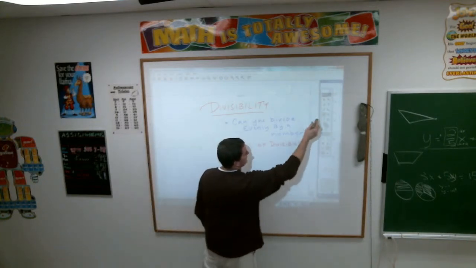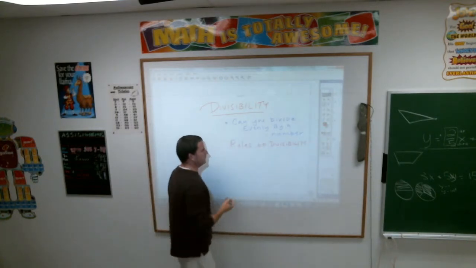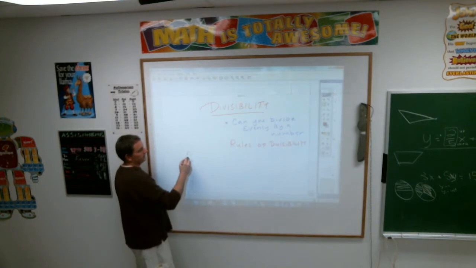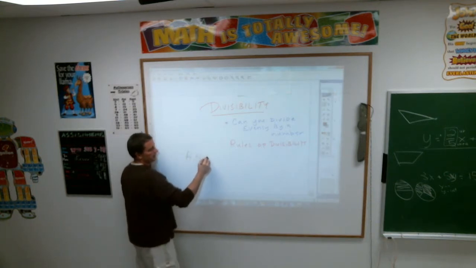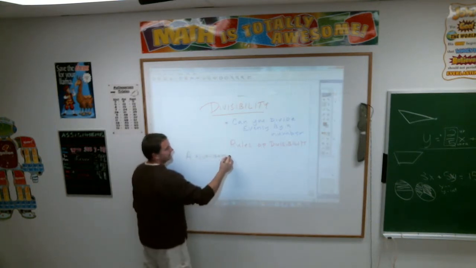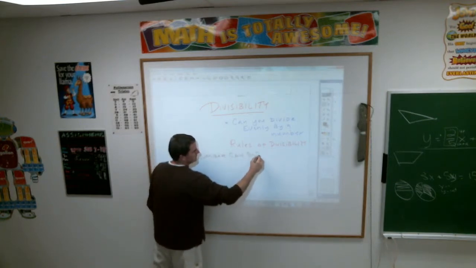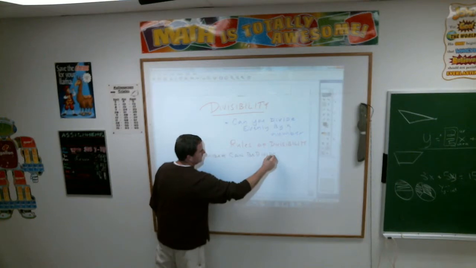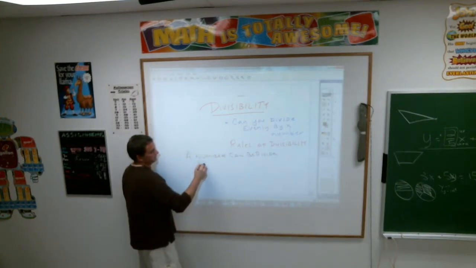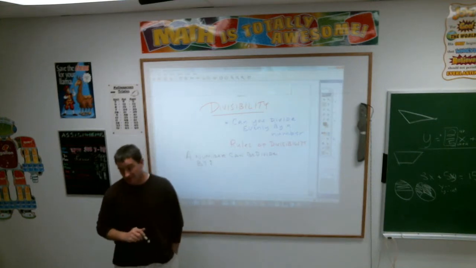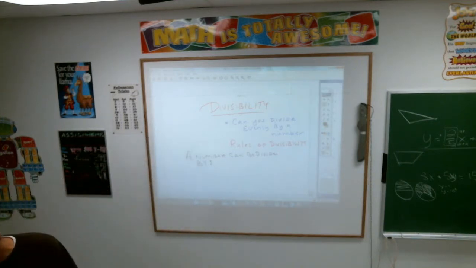Here we go. Ready? Write this down. A number can be divided by, and we're going to put a little colon there because we're going to make a very short list. There's not many we're going to talk about right now. Just 3 of them.